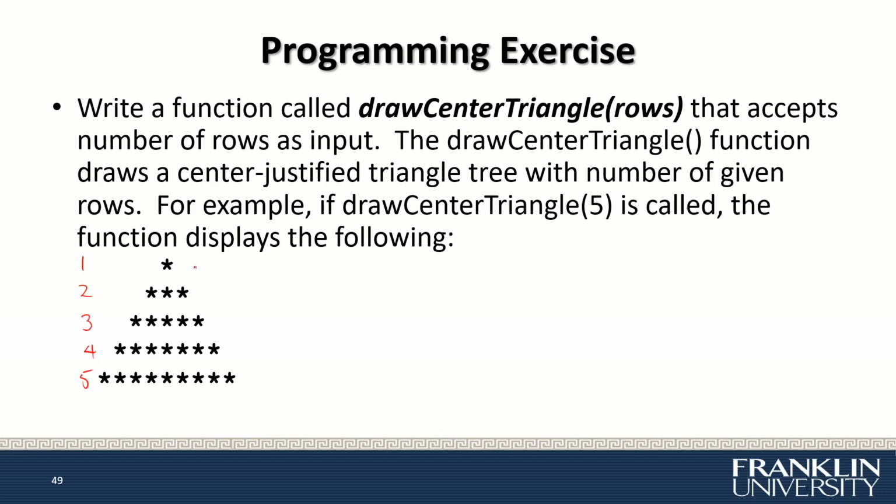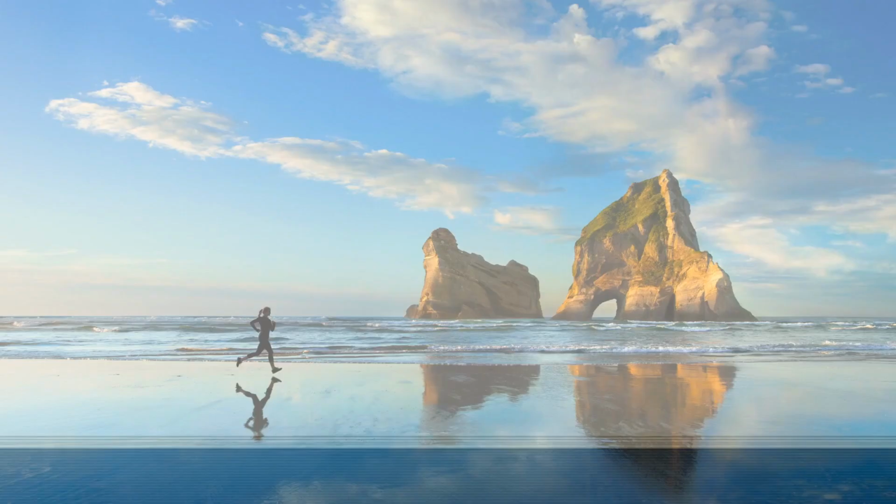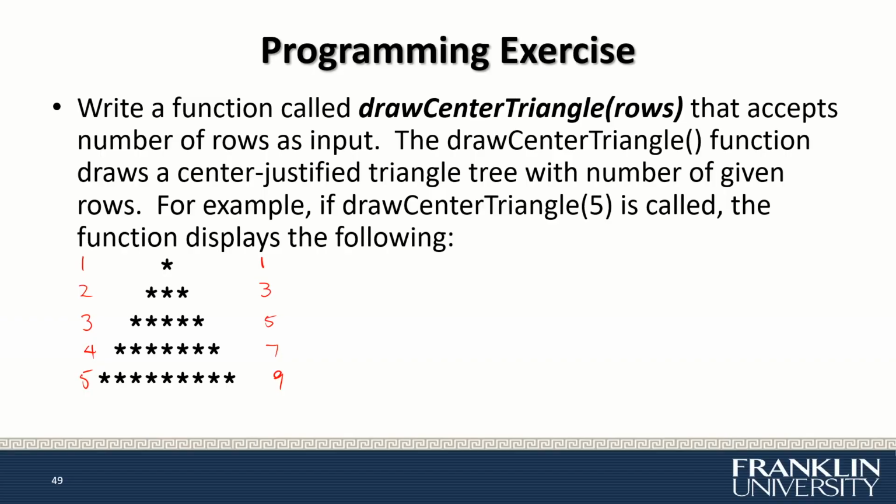But how many asterisks are here? I have 1 asterisk, 3 asterisks, 5, 7, and 9 asterisks. What is the relationship between these asterisks? Do you see any relationship?